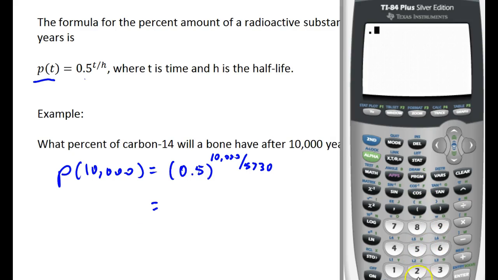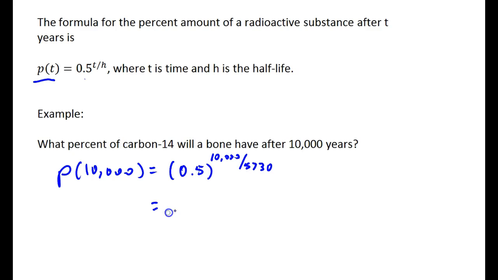So I'm going to go 0.5 raised to the 10,000 divided by 5,730, and I get 0.298, which is close enough to 30%. So after 10,000 years, it's lost 70% of its carbon-14.